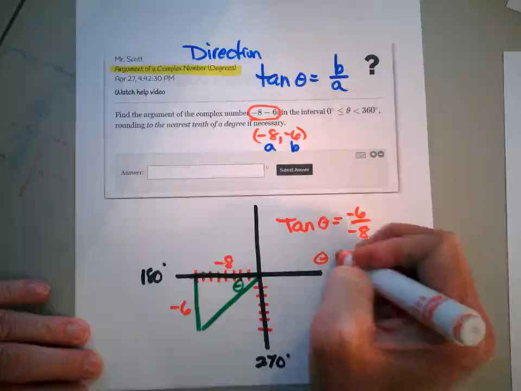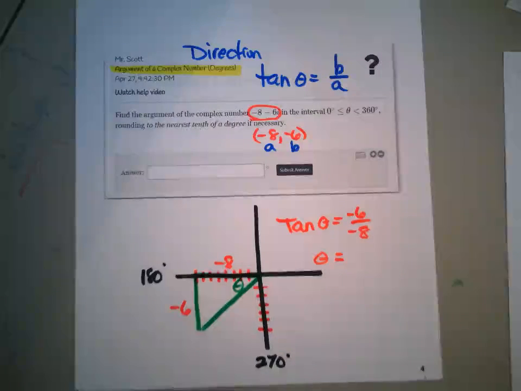So our theta, after you do inverse tangent here, I'm going to have to go to the calculator, make sure I'm on degree mode. All right, so second tangent, I know you can't see this, -6 divided by -8, which gives me 36.9 degrees.